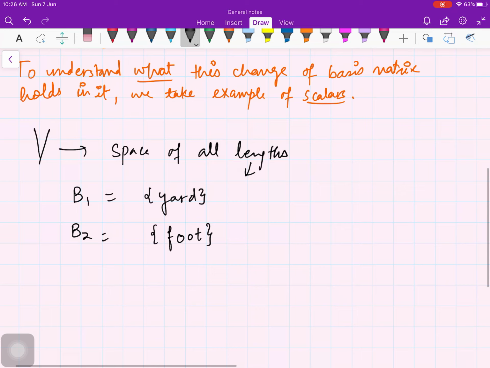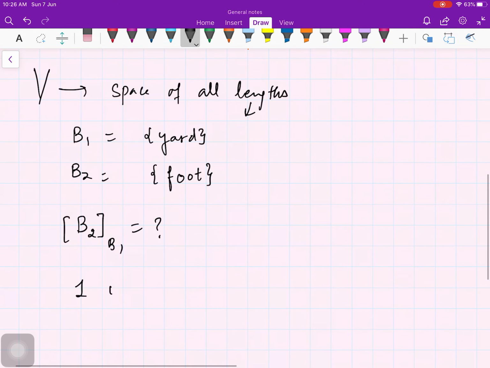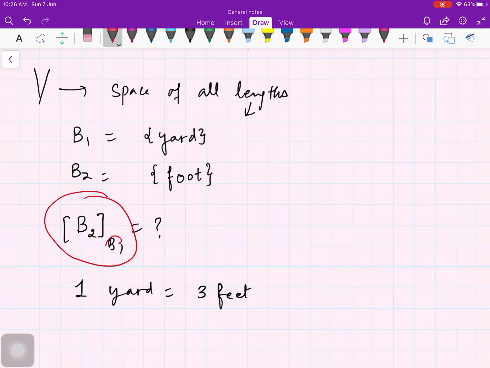Now I want to know what is this b1 to b2. I already know that 1 yard is equal to 3 feet. We know this conversion. So if we want to find this matrix, then we have to write the elements of b1 in terms of b2. So I write this 1 yard as 3 feet. So this will be the column. Now because this is one element, my matrix will be 1 cross 1.